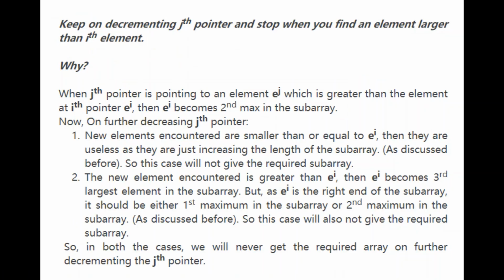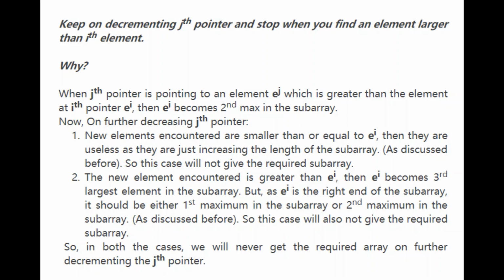So basically the idea is that we will keep on decrementing the jth pointer and keep on finding the next endpoint of the subarray till the element at the ith pointer is the maximum element of the subarray.